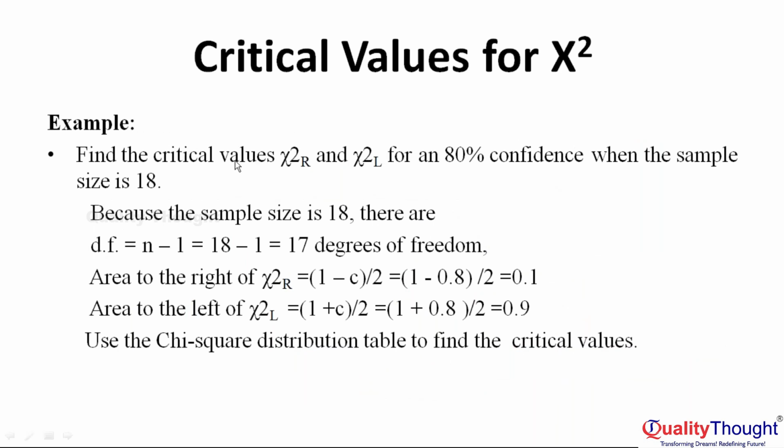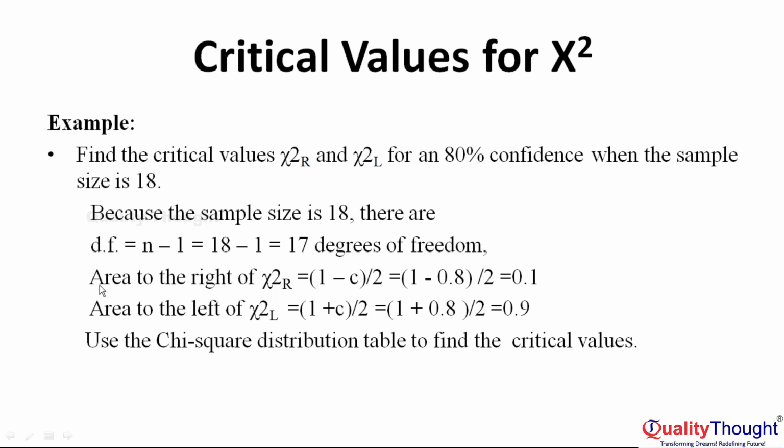Here is a sum. Find the critical values chi-square right and chi-square left for an 80% confidence interval when the sample size is 18. We know that degrees of freedom is n minus 1. Sample size is 18 here, so 18 minus 1 becomes 17 degrees of freedom.